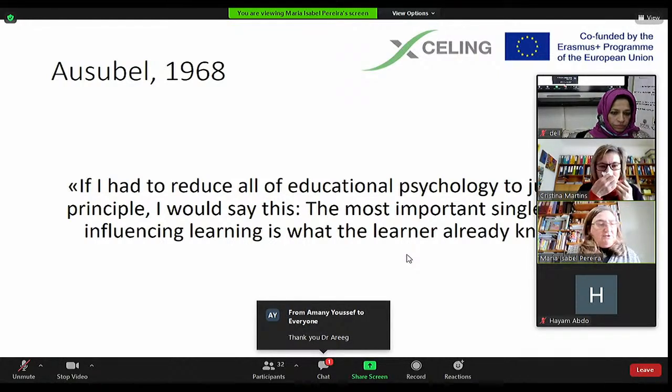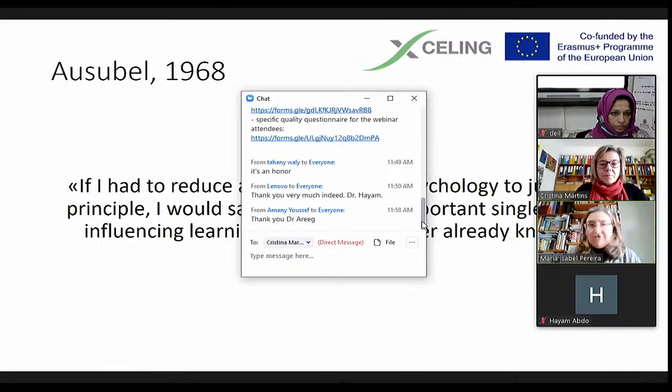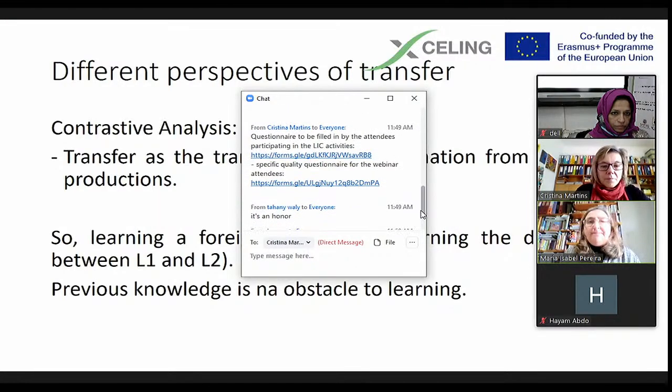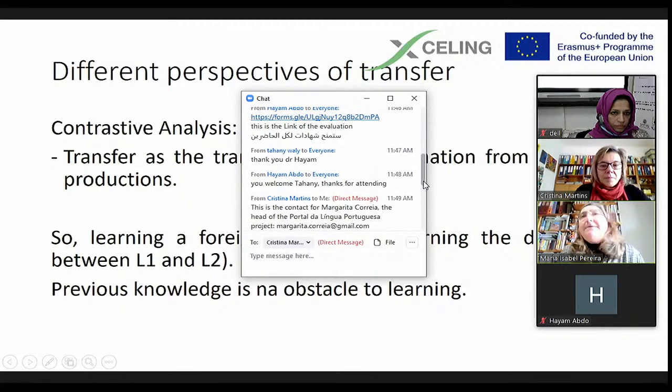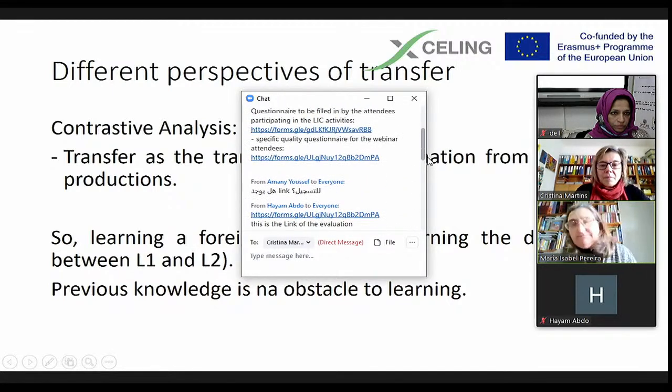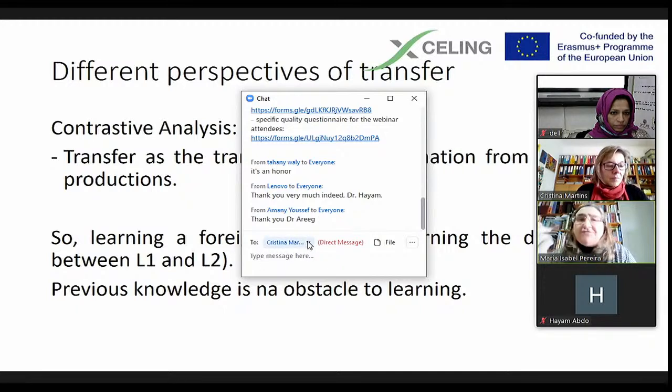When we talk about previous knowledge, there is another concept we have to take into consideration, which is the concept of transfer. There are several perspectives of transfer.